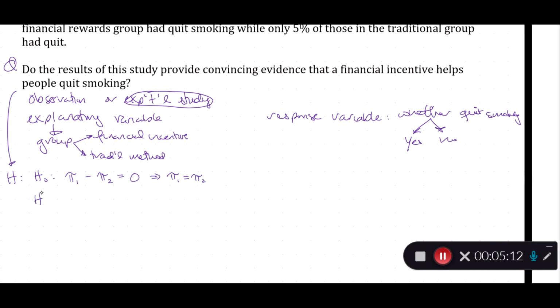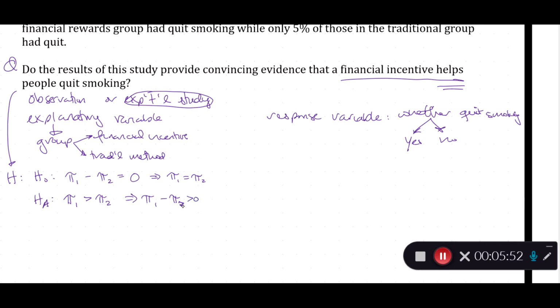If there is a relationship, that is, if the financial incentive is useful, because we're saying, does the financial incentive help people quit smoking, then that means that not only are the two proportions not the same, but one of those proportions is higher, that having a financial incentive increases the probability that someone quits smoking versus just traditional methods. So pi 1 is greater than pi 2, which is the same as saying pi 1 minus pi 2 is greater than 0.